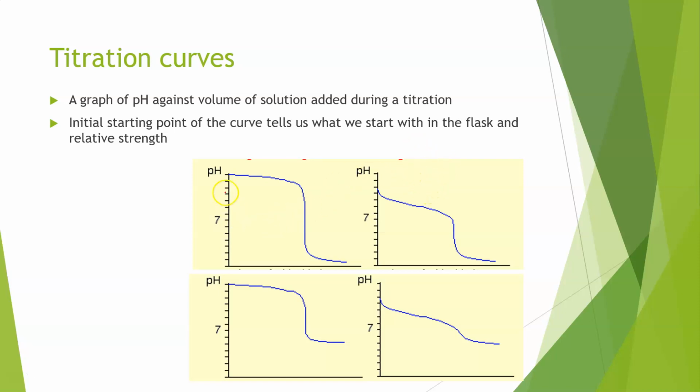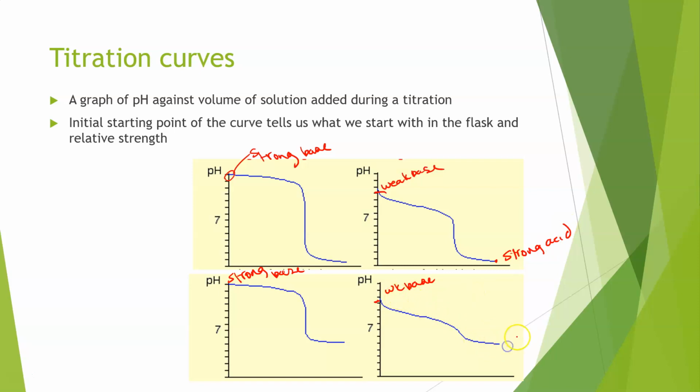So we can see here with these two on the left here, we're starting with a very high pH, so this will be a strong base, where the pH is starting up around 14. And then here we have a weak base as our starting point. As it drops, we can see that it finishes down under a pH of around 1, so this means it is being titrated with a strong acid.